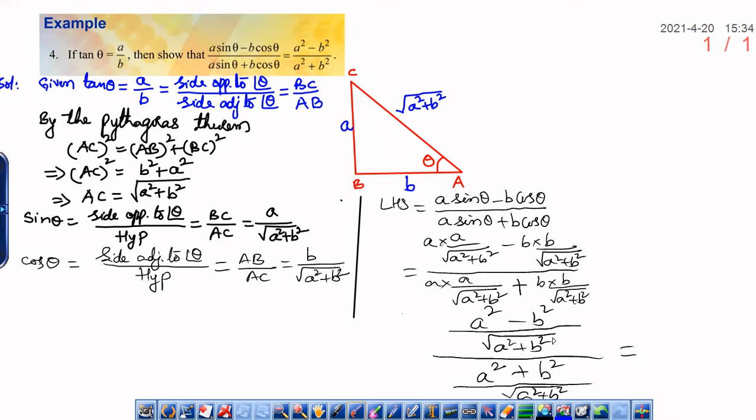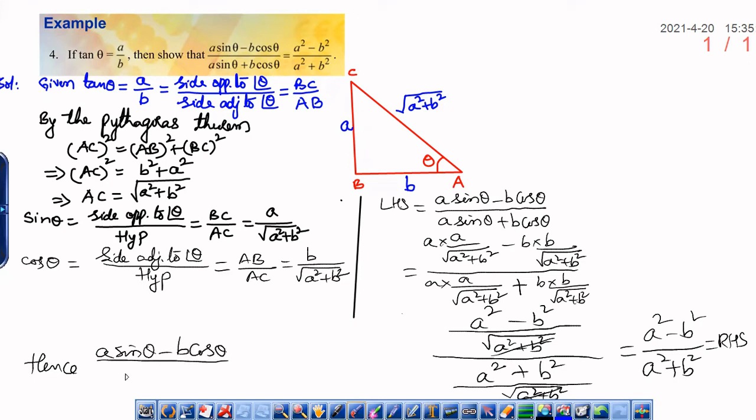You can cancel here, and what you will get? A square minus B square divided by A square plus B square. That is nothing but equal to RHS. So hence A into sin theta minus B into cos theta divided by A into sin theta plus B into cos theta is equal to A square minus B square by A square plus B square. Showed. And this is how we can solve the problem.